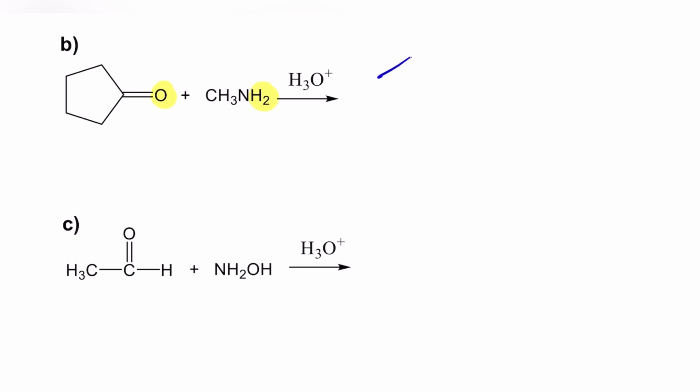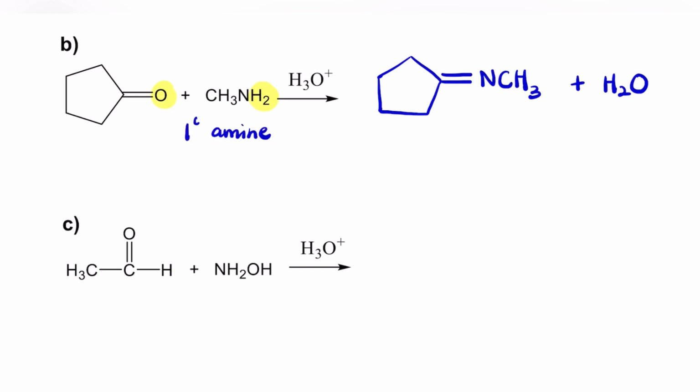Draw your cyclic ring first with 5 carbon atoms, and then this double bond will attach to nitrogen, and this nitrogen you have CH3 beside it, plus H2O. So you got your structure when you have primary amine. So this is imine.